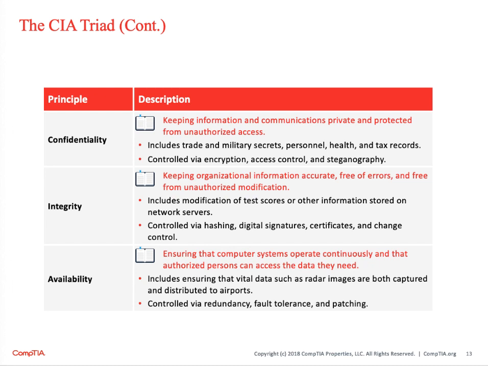If the FAA, the people that control air traffic control, were unable to get radar images of the skies, planes would be crashing, right? And this is going to be controlled via redundancy, fault tolerance, and patching.